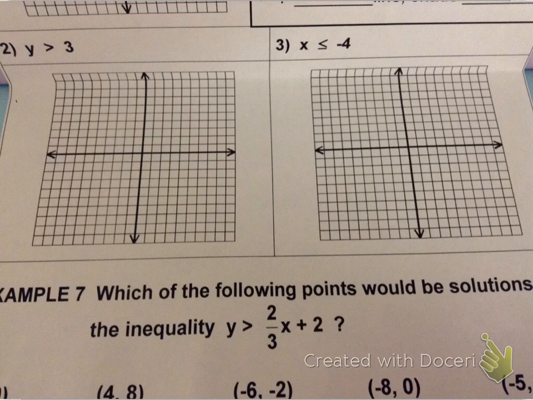Okay, number 2. On this one, you're going to find 3 on the y-axis. Since it says y is greater than 3, you're looking only on the y-axis because you don't see an x on that equation. So on the y-axis, I have 3.